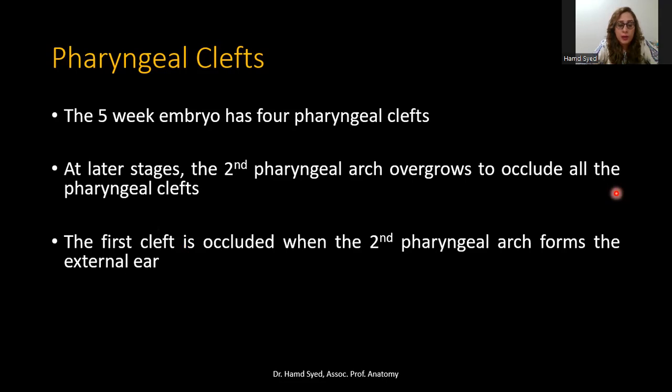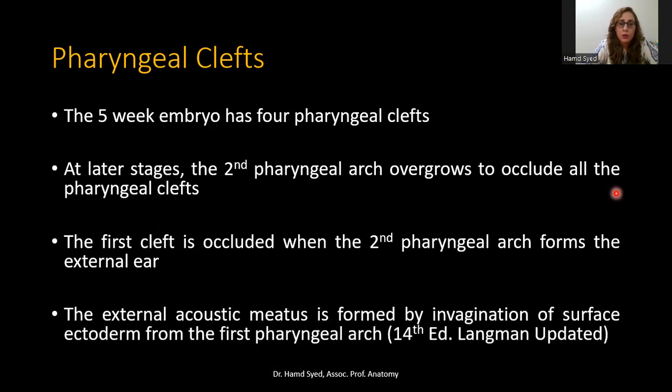Keep this in mind that the external ear is formed by the first and second pharyngeal arches. As the second pharyngeal arch overgrows all the other arches, it leads to an occlusion of the pharyngeal clefts. So the external acoustic meatus is formed by invagination of the surface ectoderm from the first pharyngeal cleft.